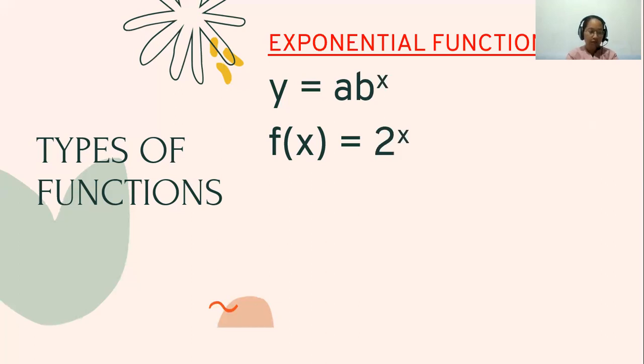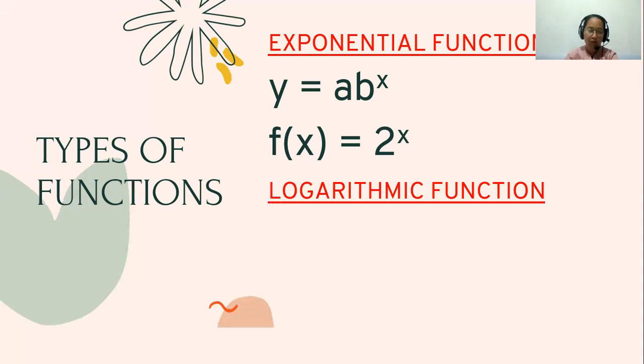Please take note that only b is raised to the x power and not a. If the base b is greater than 1, then the result is exponential growth. Otherwise, it is an exponential decay. As for our example, we have f of x is equal to 2 raised to the x power.